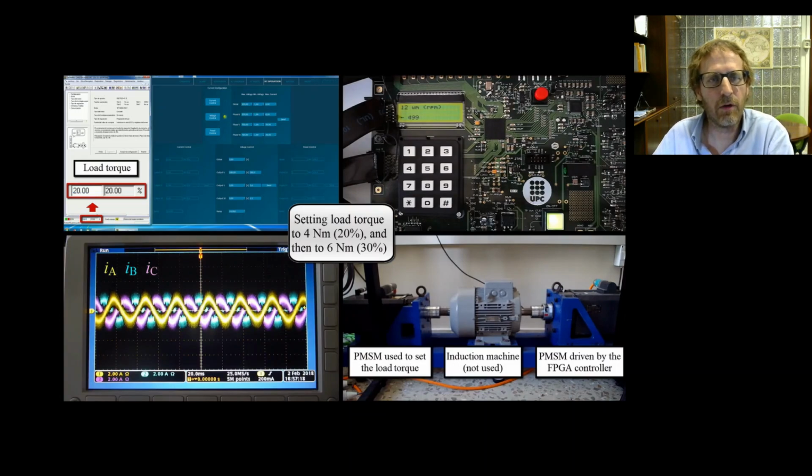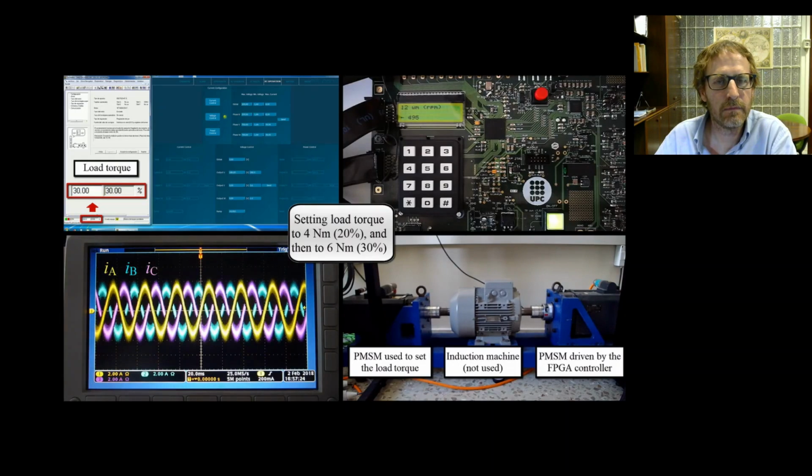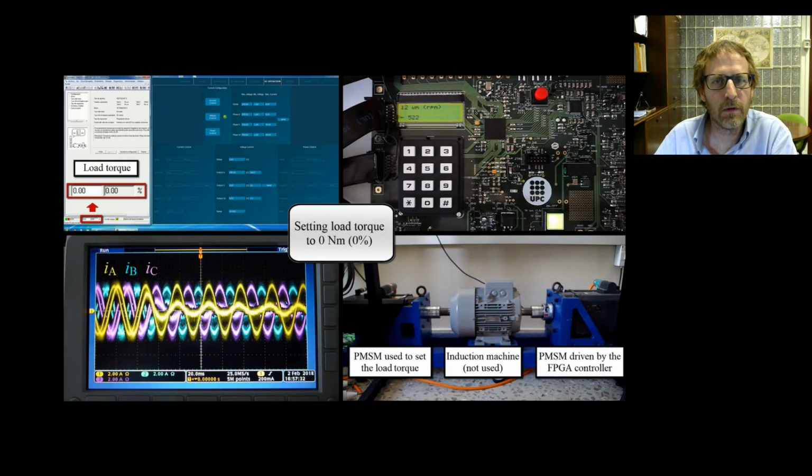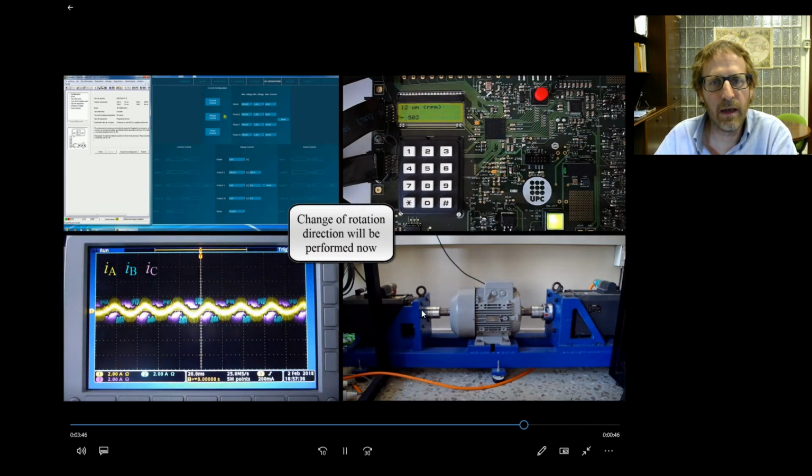Now we will increase the torque a little bit more. Okay, now we come back to 0 torque, and now we will perform the change in rotation direction.